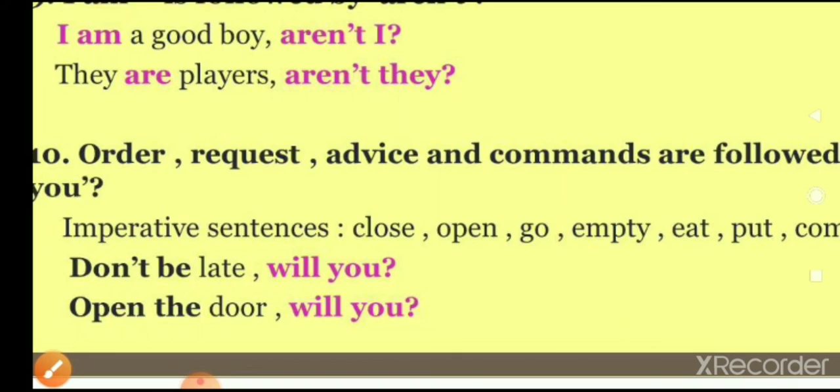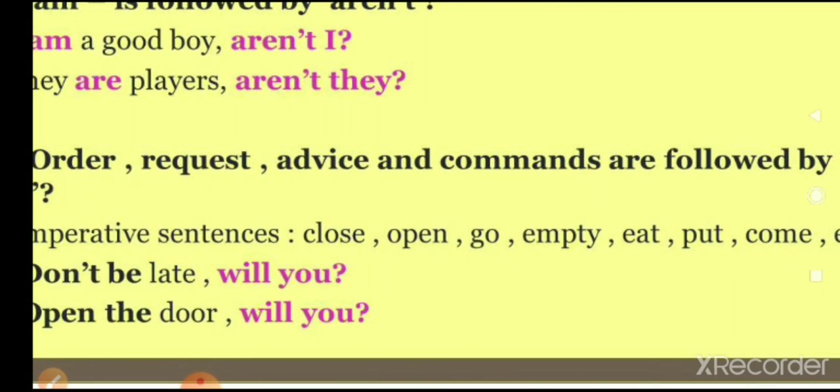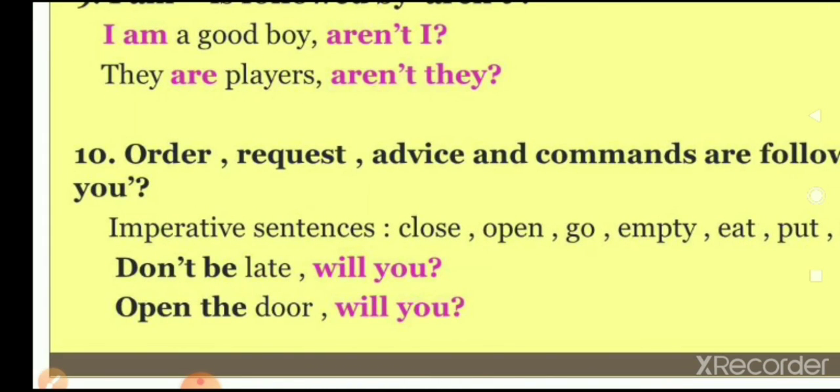Next, in case of imperative sentences, that is, whenever there is an order, request, advice, and commands are followed by will you. So imperative sentences are when we use close the door, open the window, go to home, empty the vessel.